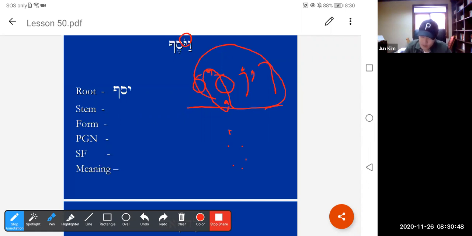Having this segol under the second root letter indicates the shortening that takes place because of the verb conversive. So hirek yod became segol. Okay, so now you can see how it works.